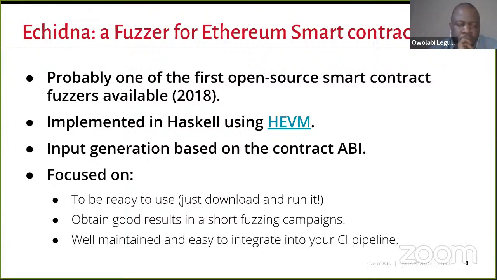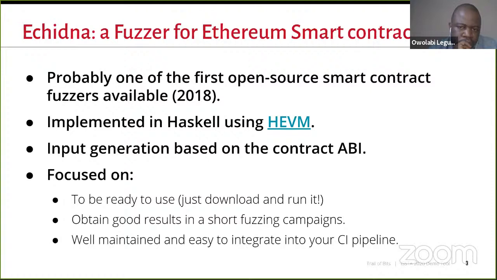You need to give it the ABI, and more generally the source code. This is not a hard requirement, but we did it like that because we usually review smart contracts with source code. So we don't do reverse engineering in the audits that we perform.